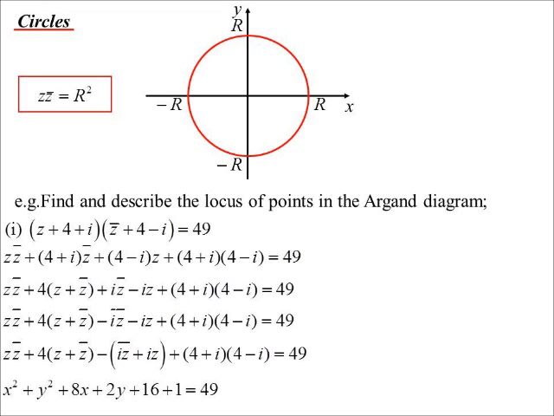So eventually I come down with a Cartesian equation, x squared plus y squared plus 8x plus 2y, and so on. Tidy that up a bit more. Still, we can see it is going to be a circle. Still don't quite know where the centre is, so let's keep going. It does factorise to be (x plus 4) squared plus (y plus 1) squared is 49. So yeah, that centre is at minus 4, minus 1.